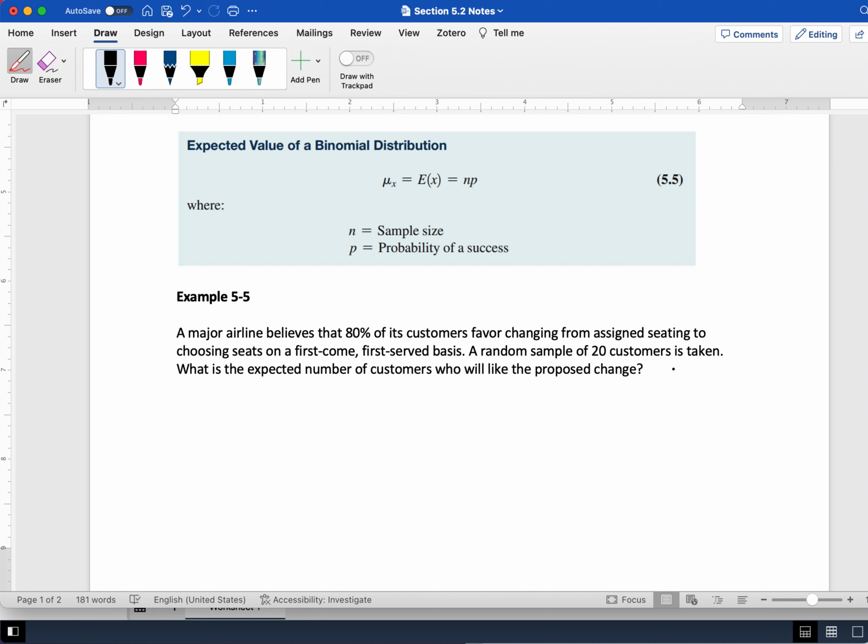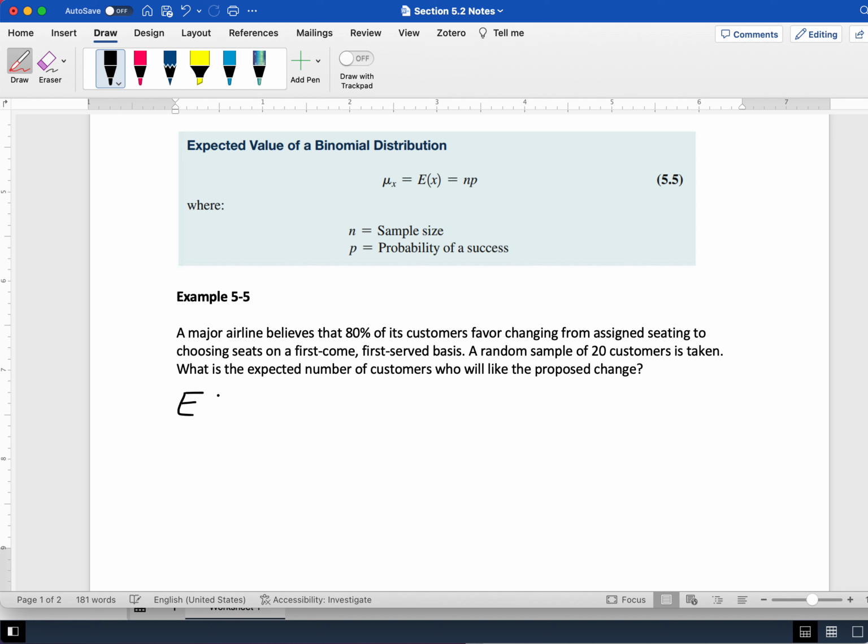A random sample of 20 customers is taken. What is the expected number of customers who would like the proposed change? So really, it would be 80% of the 20 customers is what I would expect to be the number who would like the proposed change. And 80% of 20 is just 0.80 times 20. So that formula should make sense.